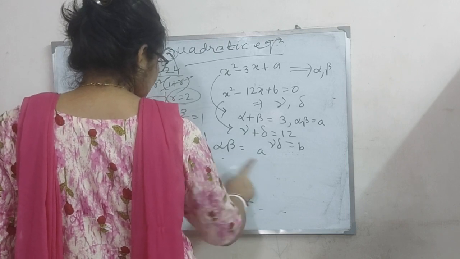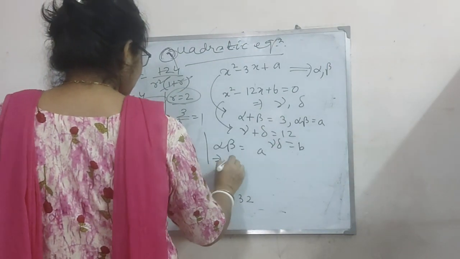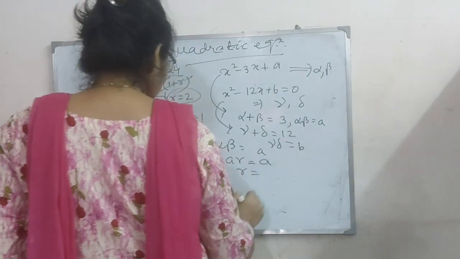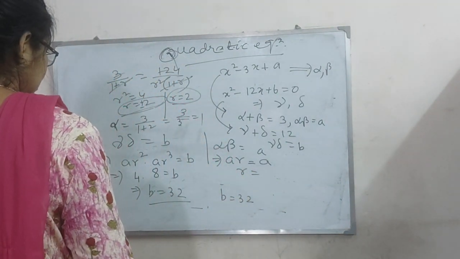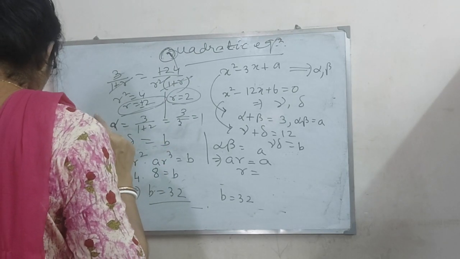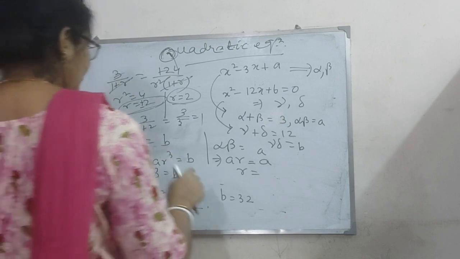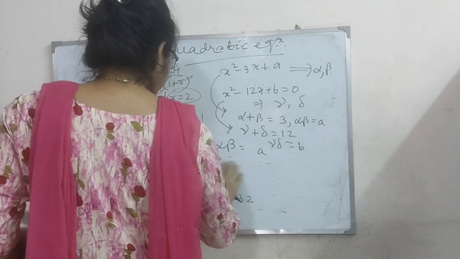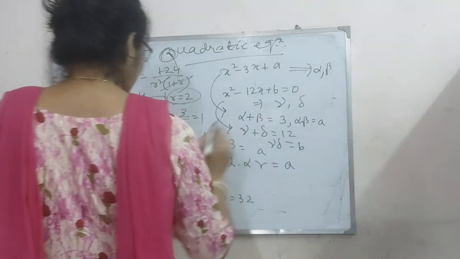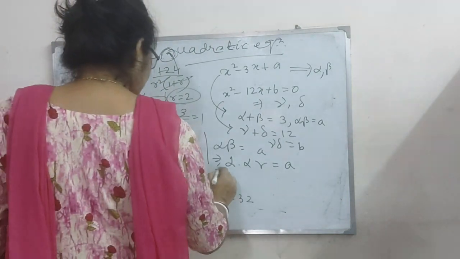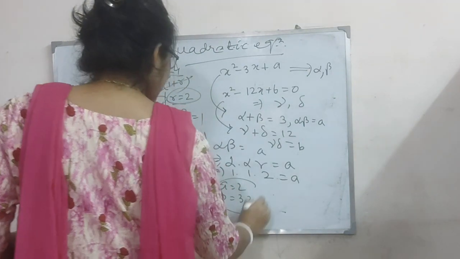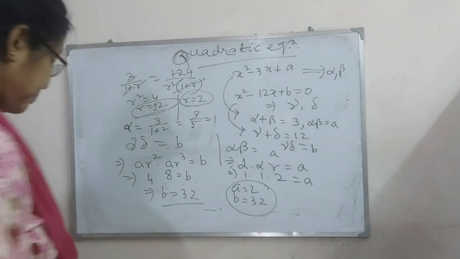With alpha equal to 1 and r equal to 2, a equal to 2. So a equal to 2 and b equal to 32.